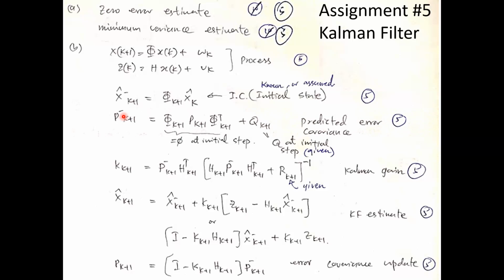Spread means there is an actual value, the ground truth, and your estimate is hanging around it. How big that area is where your estimate is hanging around is the covariance. This one is also minus, which means it's not the final one, it is the predicted one. This is the equation for that.